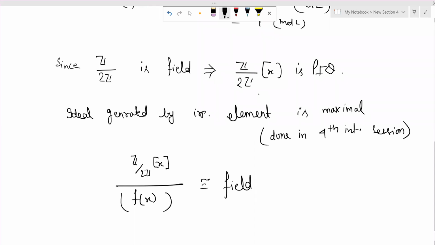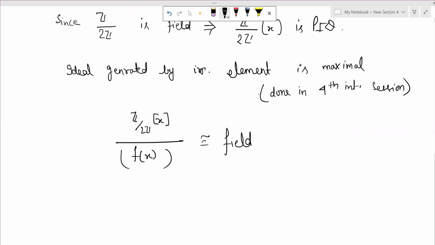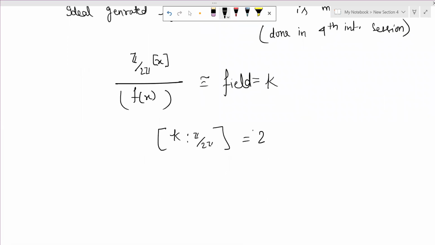And what will be its size? Since f(x) is of degree 2, the extension will be of degree 2, right? So let's name this field K. So [K : Z mod 2Z] will be 2. That means K is a vector space of dimension 2 over Z mod 2Z.